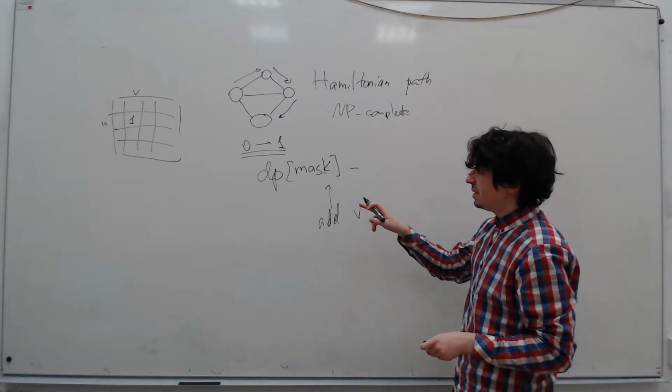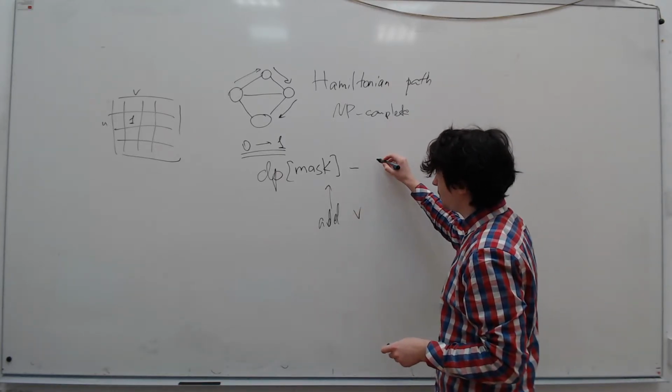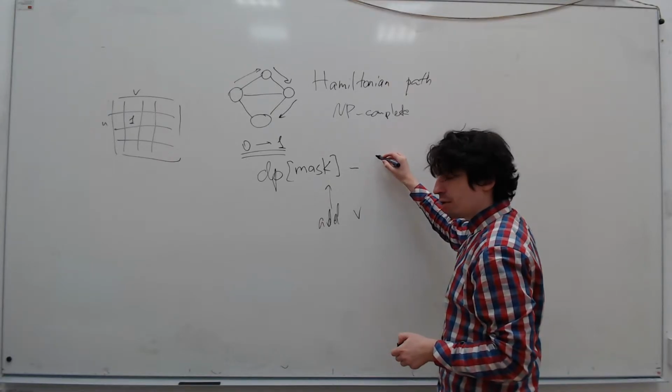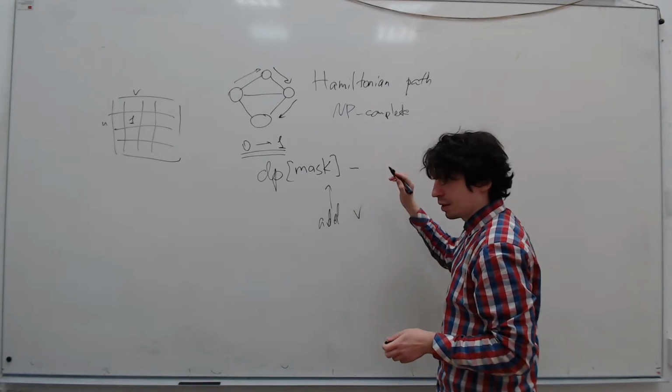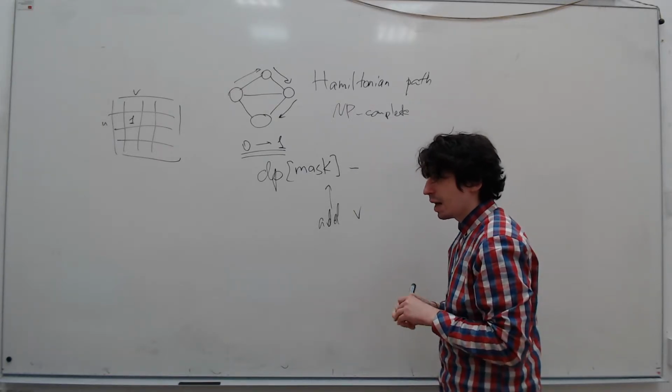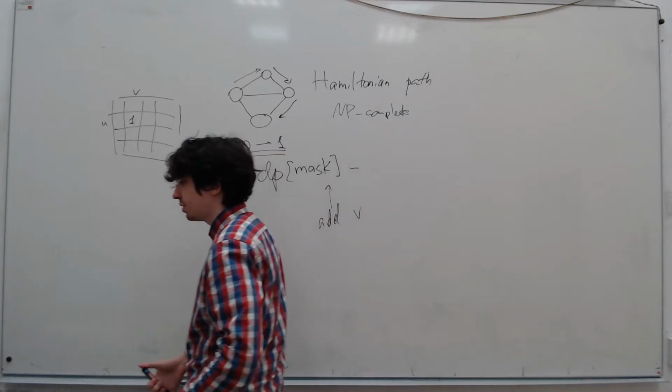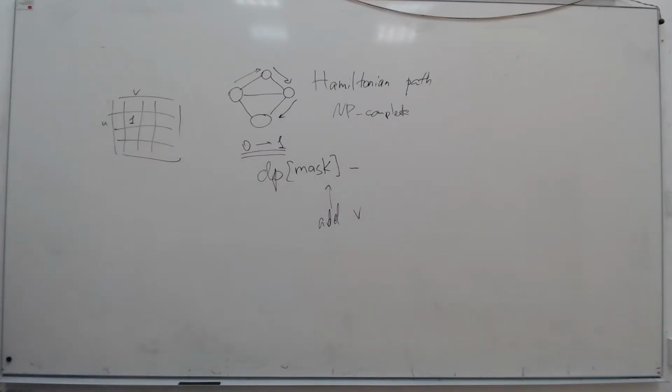So you want in dp mask the array of vertices? I don't think that I fully understand. I mean, you're on the right path anyway, but you should be able to state what dp mask is.